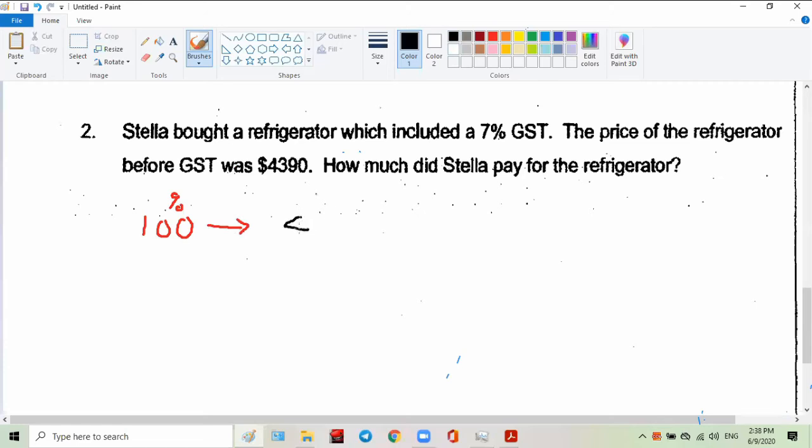I just use my ABC method. So how much did he pay? He paid 107%, right? Because 100% plus 7% is 107%. So 107 over 100, that's my ABC method.